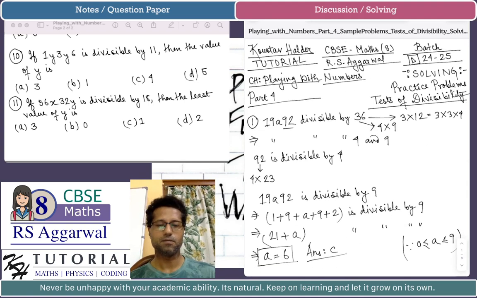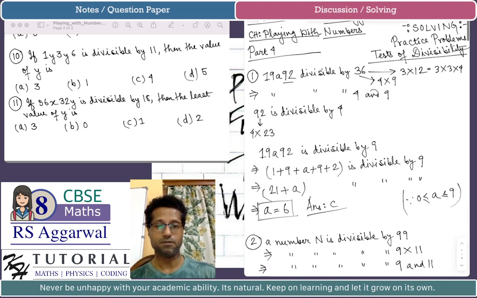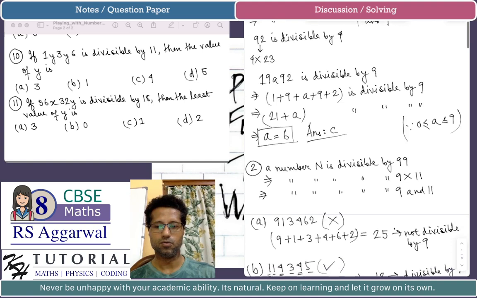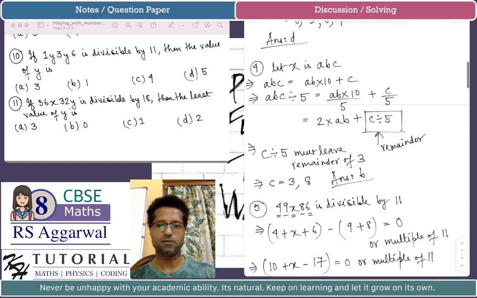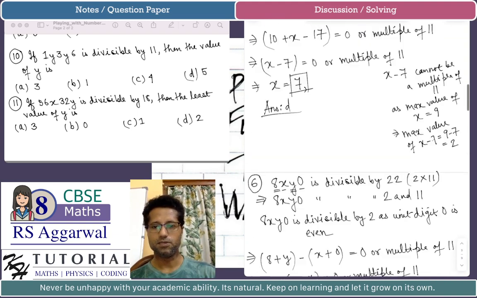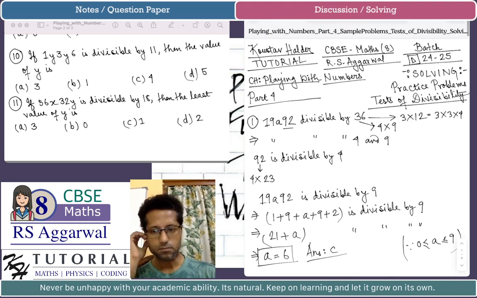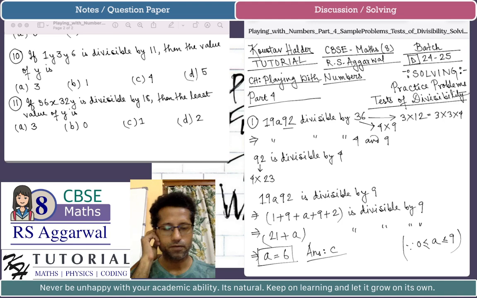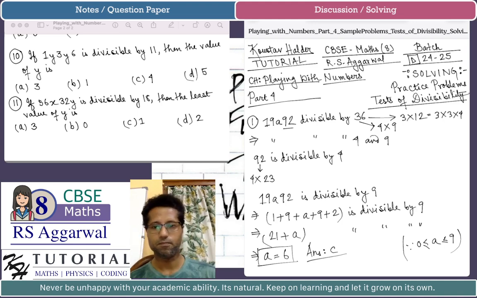Using those basic concepts, to check whether a given number is divisible by any other number, you have to factorize it into factors that have no common factor, and those factors will eventually be numbers from 2 to 11. I hope this set of problems will be good practice on your concept of tests of divisibility from the chapter Playing with Numbers.